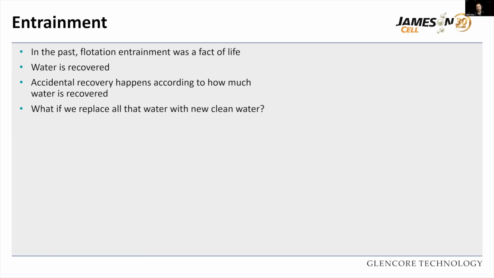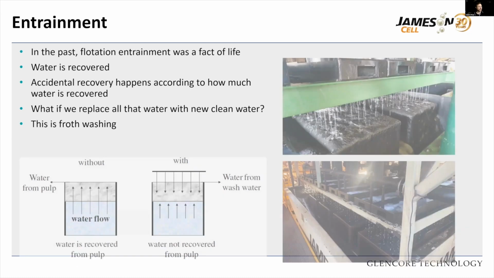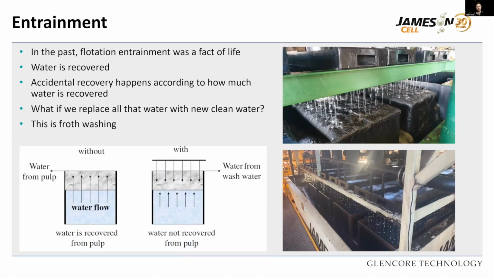But essentially the theory came about of trying to replace that water that was coming up in the concentrate with new clean water, and suppressing that entrained material that's been caught up back into the slurry.